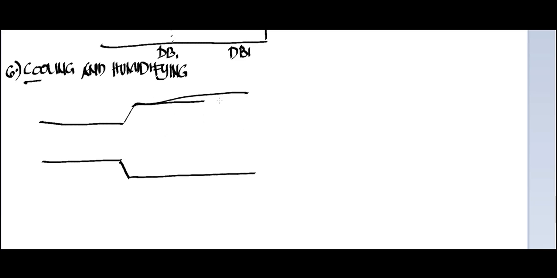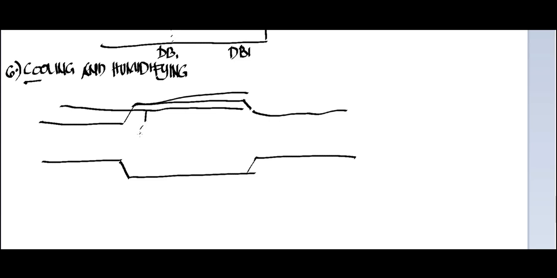It can be done by means of an air washer. Okay, so we're supplying here spray water. We call this a cold spray. We're going to spray cold water here.